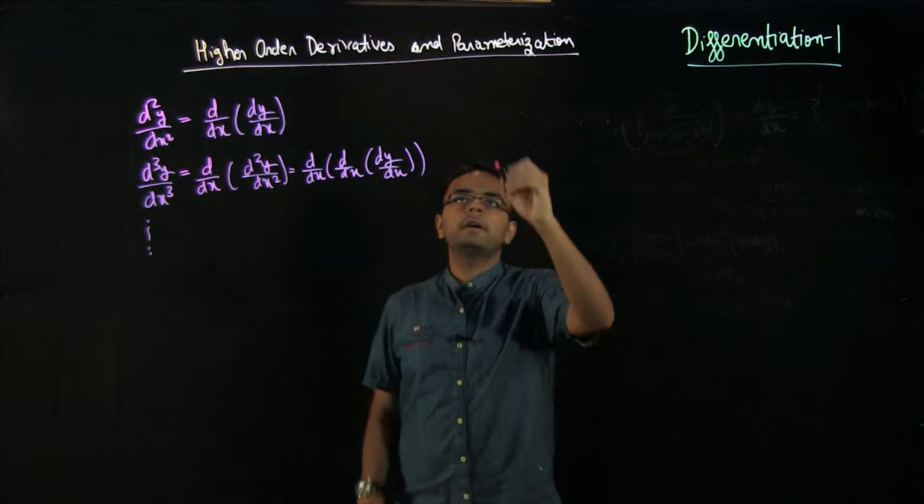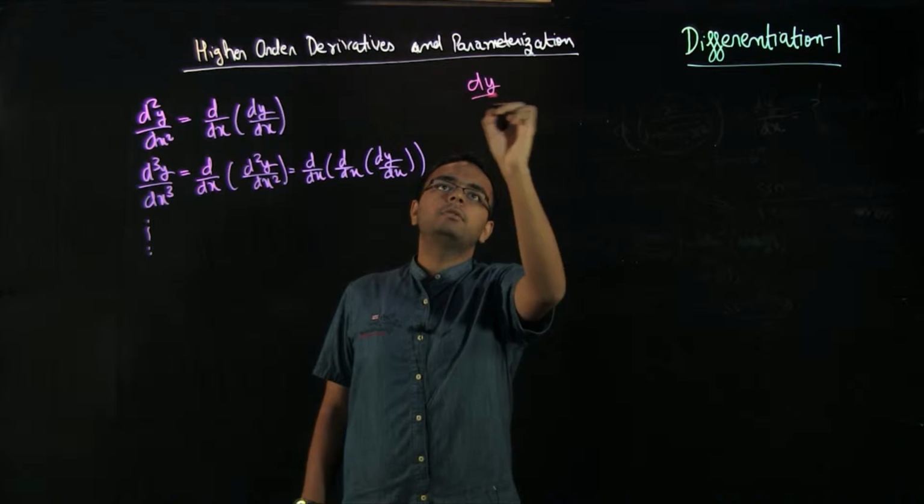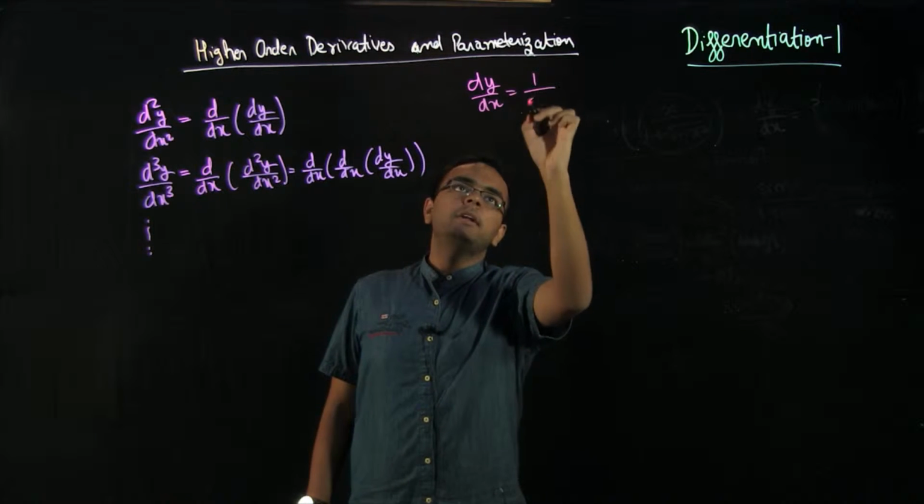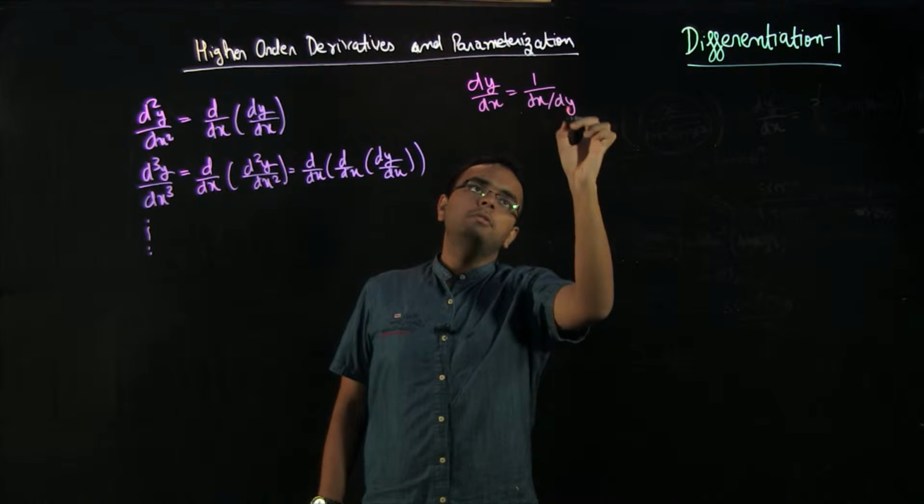So you might recall that dy by dx is equal to 1 by dx by dy, and in case you don't know that, it is handy to know.